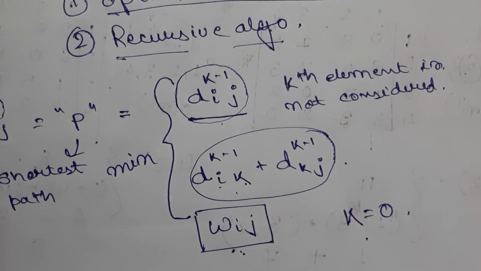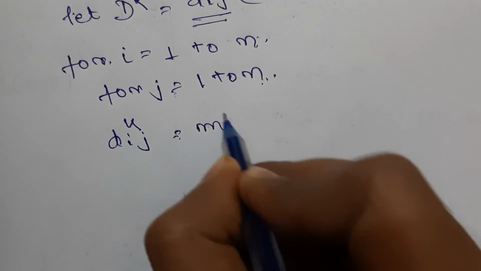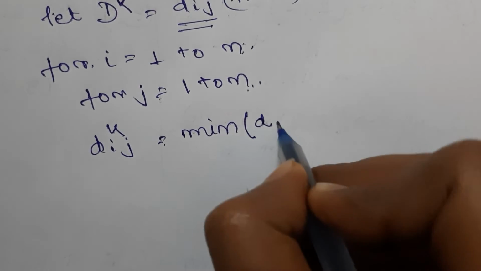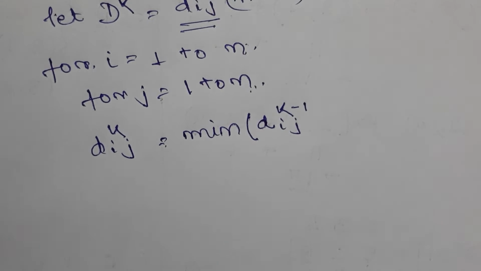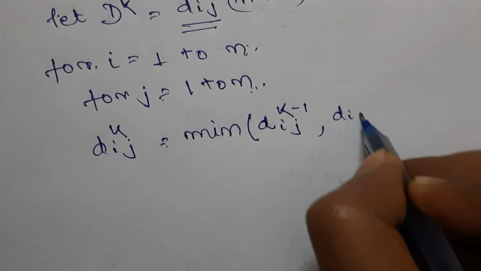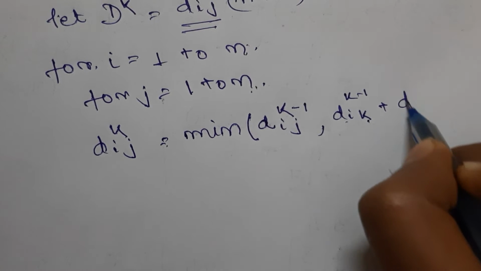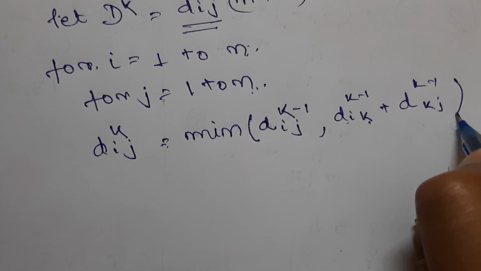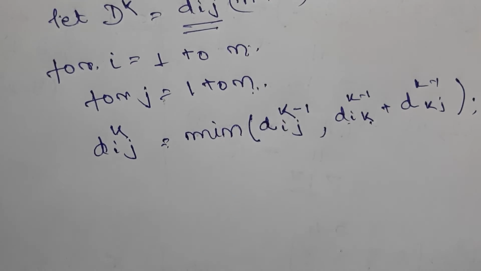So I will use a min condition. It may not consider the kth vertex, or it will consider the kth vertex, meaning from i to k and from k to j. In this case we are considering the kth vertex, in this case we are excluding the kth vertex.